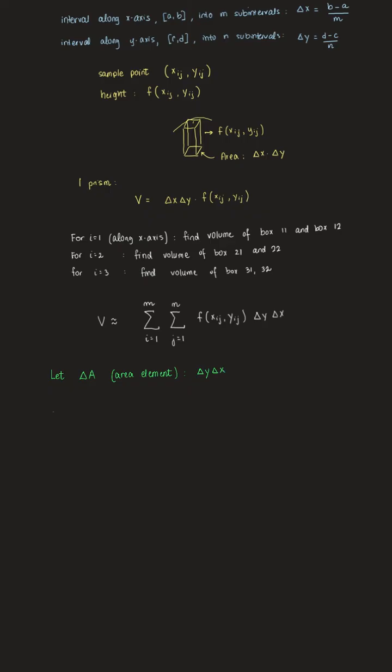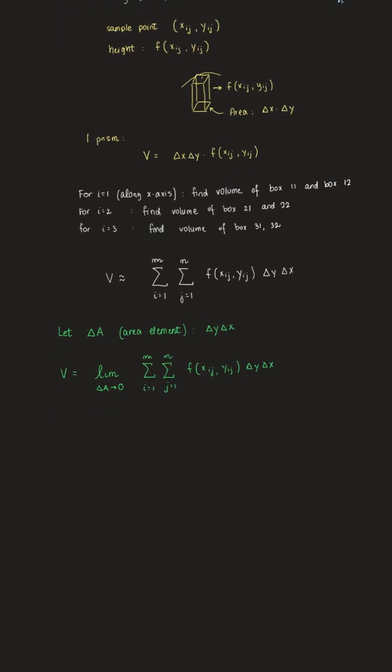And so when we want the exact volume, we're going to take the limit as the areas of these rectangles approach 0 of this double Riemann sum, from i equals 1 to m, from j equals 1 to n, of the volume of one of the rectangular prisms, f of x_ij, y_ij, times delta y delta x, which is our little area element.